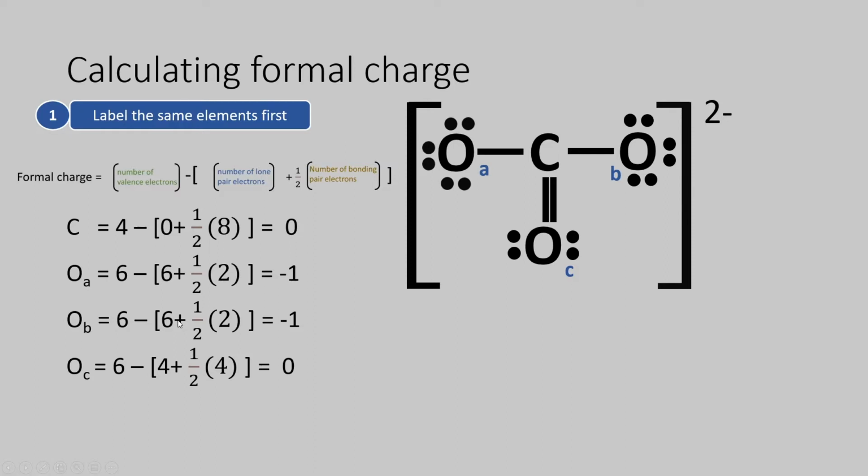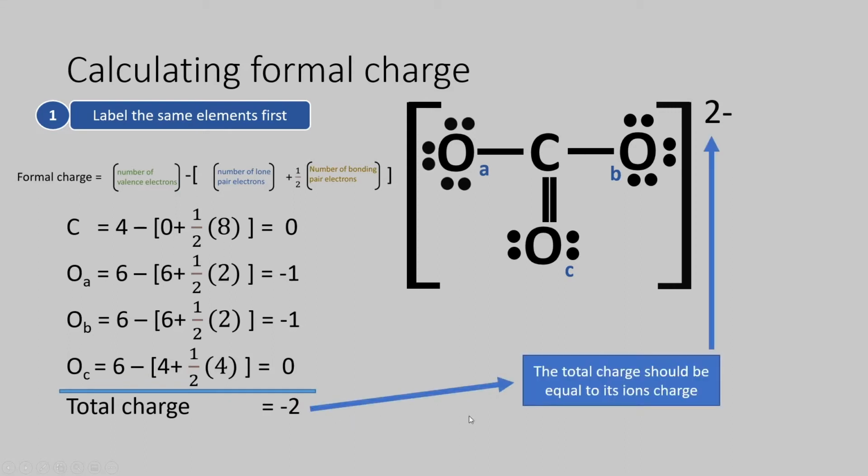So, you should get the total charge. Okay, kalau you tengok, kosong tambah negatif 1 tambah negatif 1 tambah kosong, the total formal charge should always be equal to the compound punya charge. Negatif 2. Yes, negatif 2 should always equal. Kalau compound tu is neutral, so kosong.